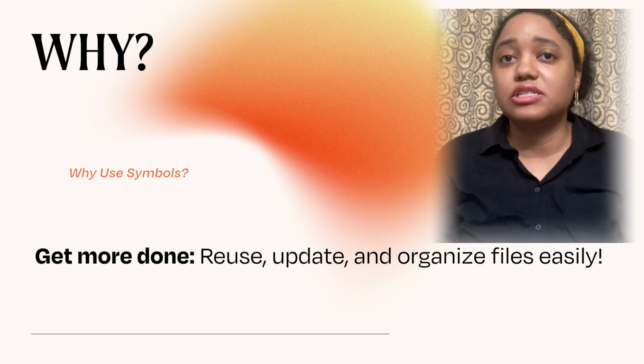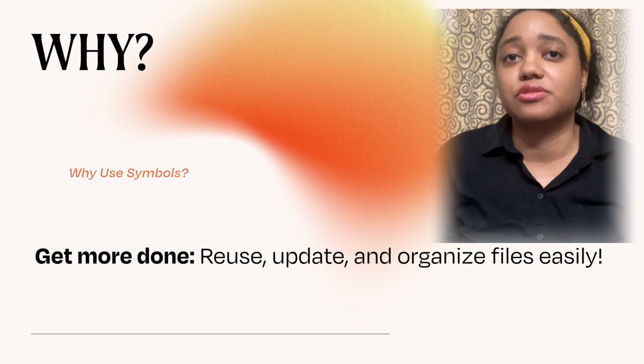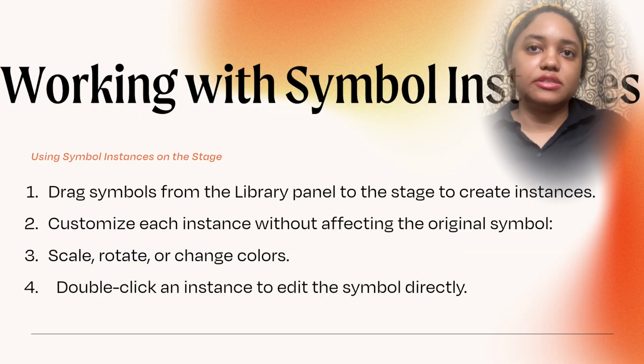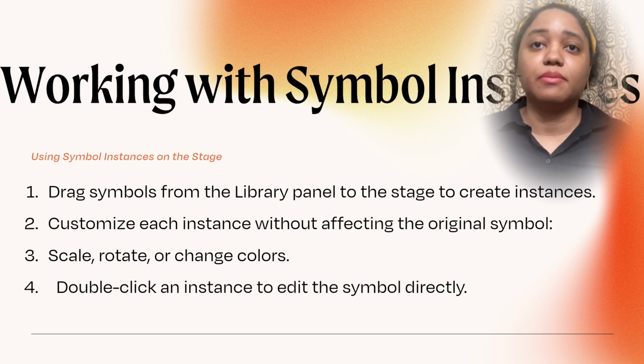You can just change it in the actual symbol, and then all instances of it will be changed if you go into the actual symbol to change it. So we're going to go through each step here, and we're going to talk about how to get the actual symbol onto the stage and in the library as well, and how to make a certain element on the page into a symbol.